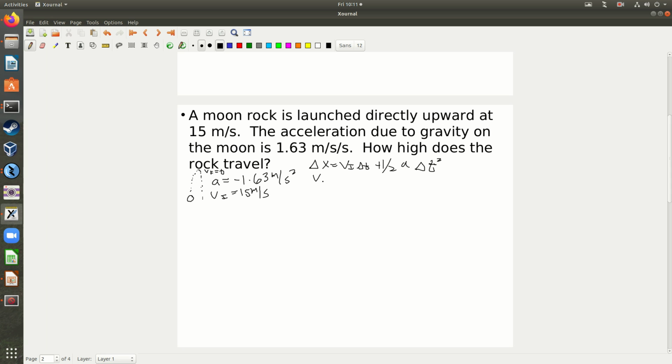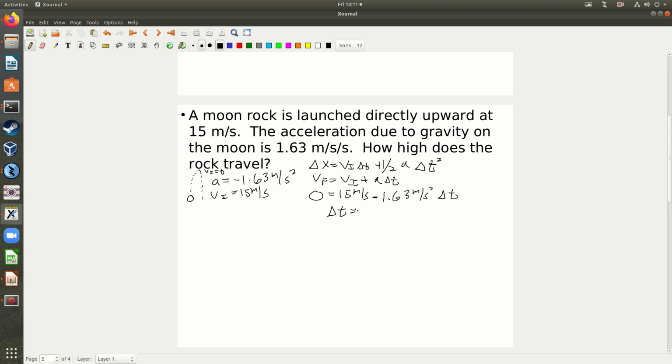So I use the fact that Vf is equal to Vi plus a delta t. That's the definition of acceleration. I know the final velocity, since we're just going up, is going to be 0, and my initial is a positive 15 meters a second, minus 1.63 meters per second squared times delta t.